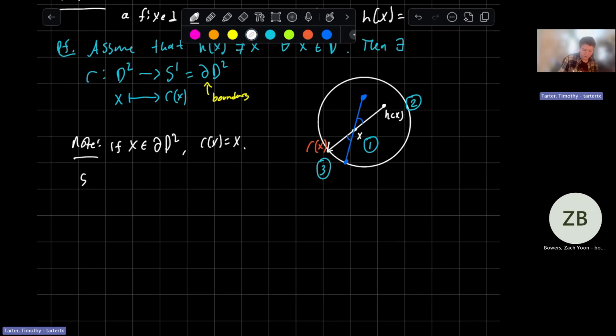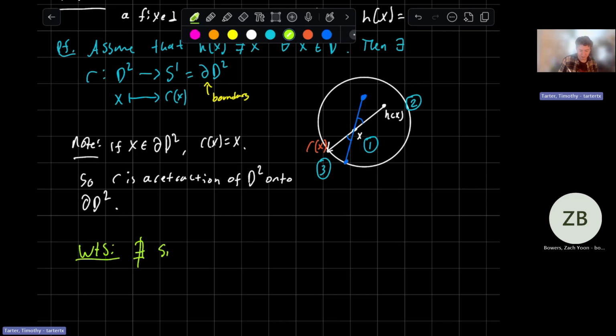And so r is a retraction of the 2-disk onto the boundary of the 2-disk, which is the 1-sphere. And then the contradiction that we're looking for is that there does not exist such a retraction.